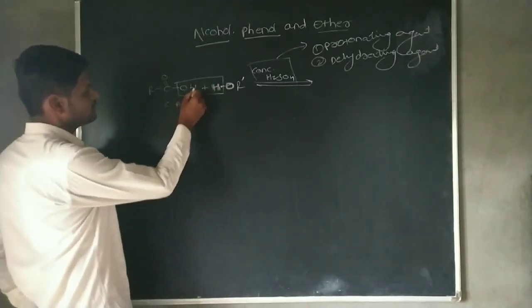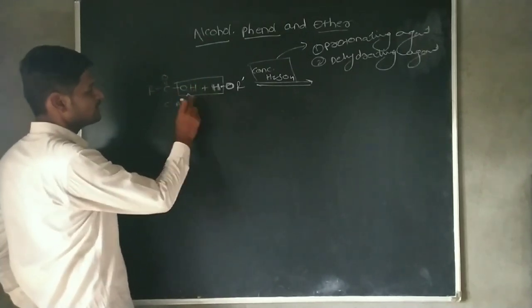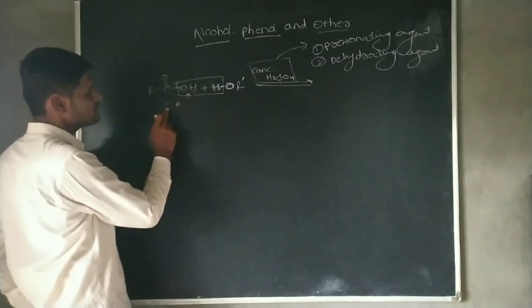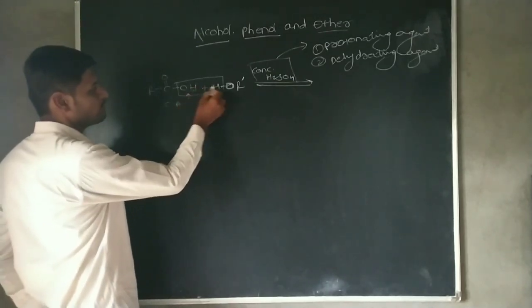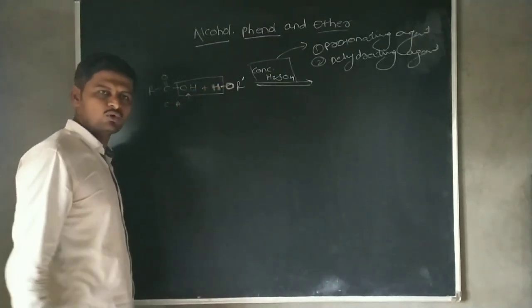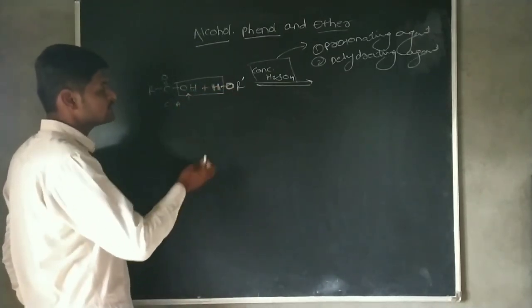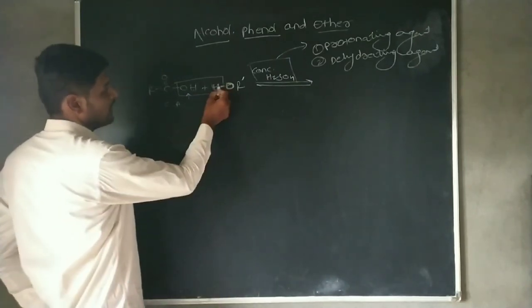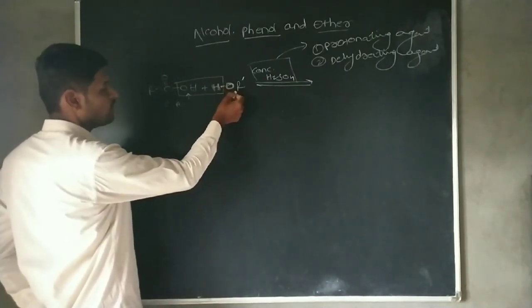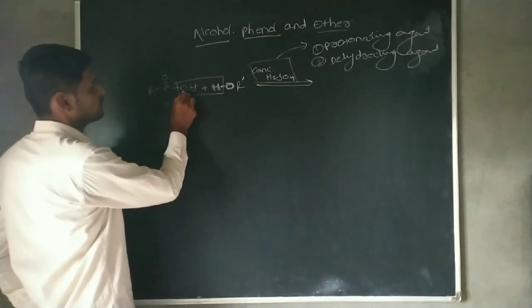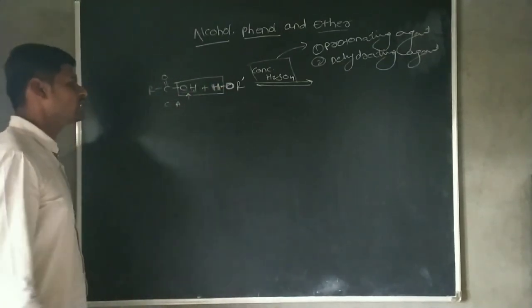The hydrogen present in the carboxylic acid is not combined with the hydroxyl group of the alcohol. The hydrogen atom is from the alcohol and the hydroxyl group is from the carboxylic acid.